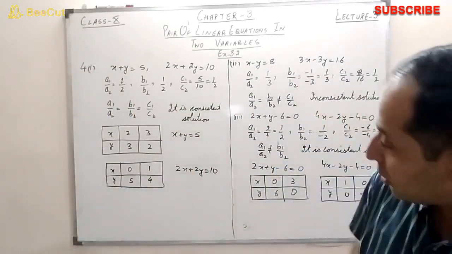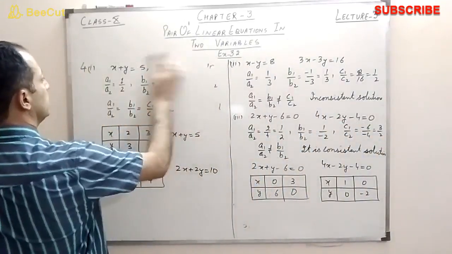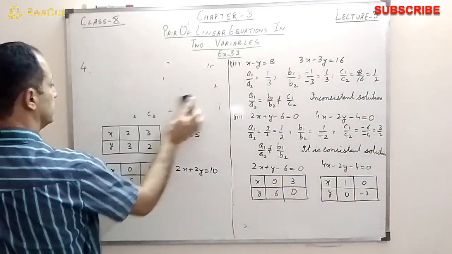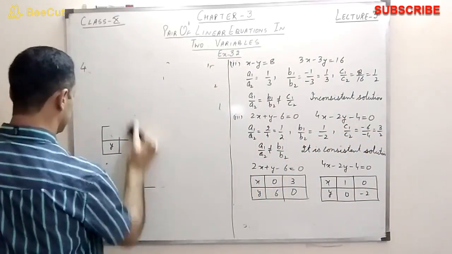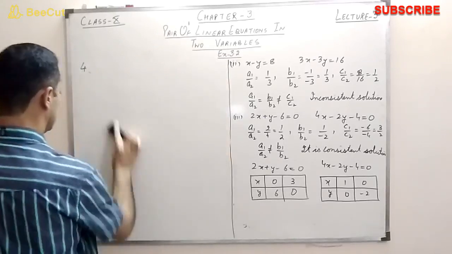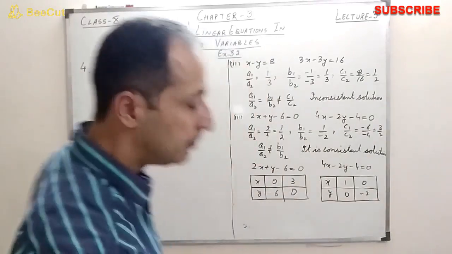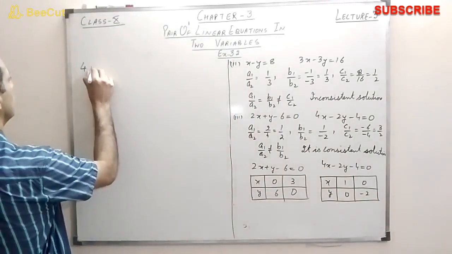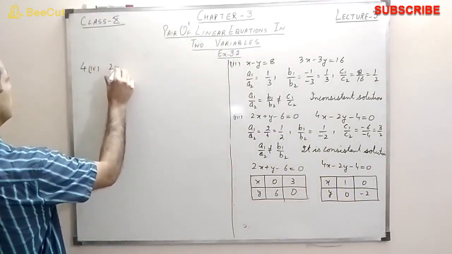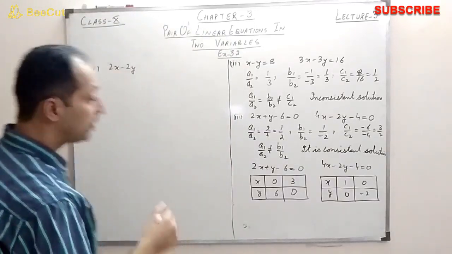Now we go to the last part of this question. 2x minus 2y minus 2 equals 0.